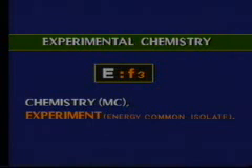In the schedule of common isolate, the number for experiment is given as F3 under energy common isolate. Therefore, the complete class number would be E:(F3).